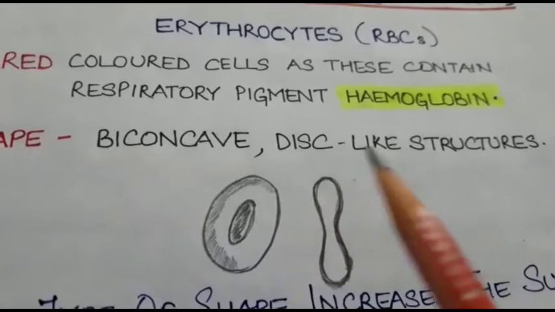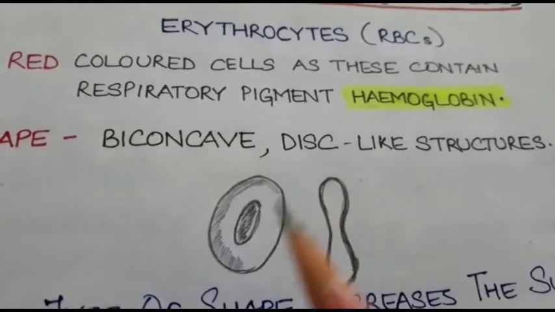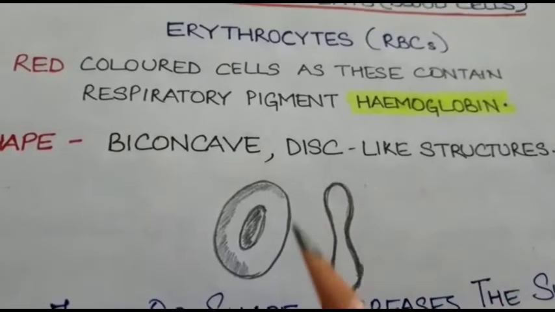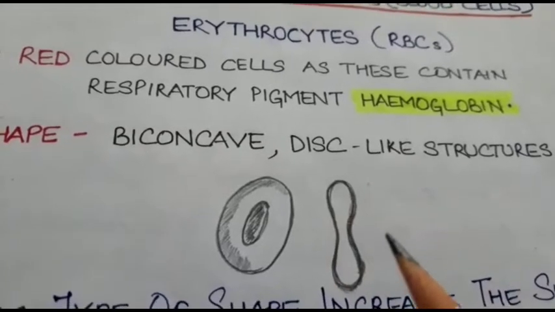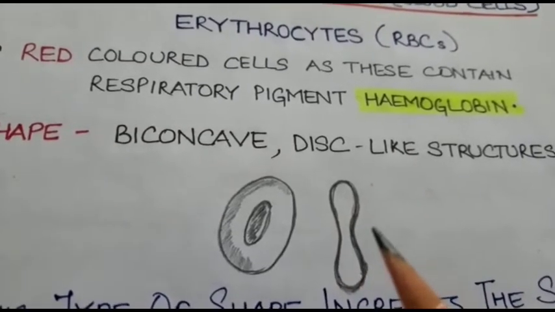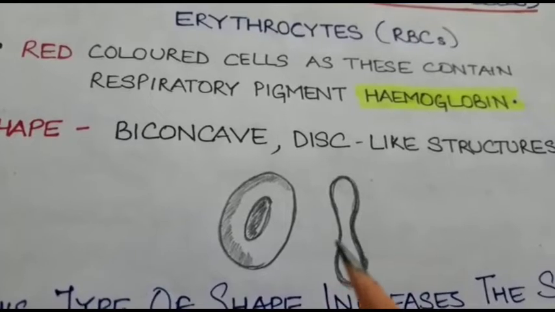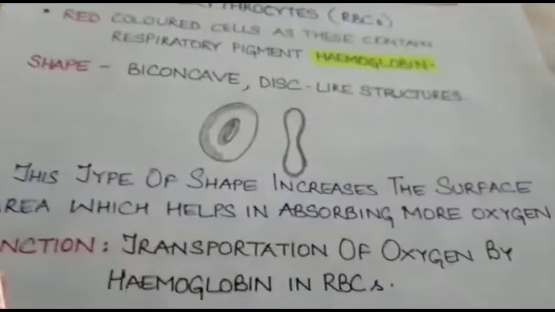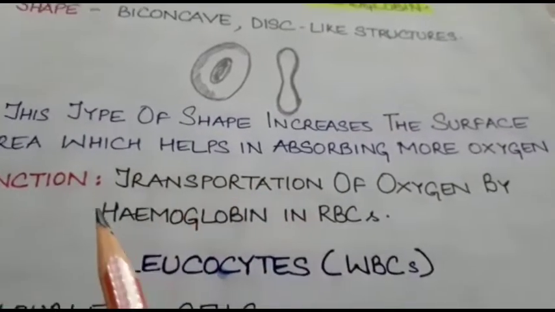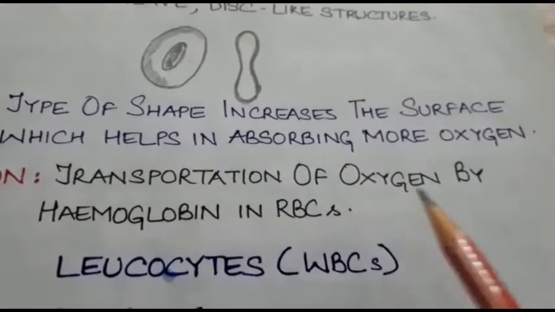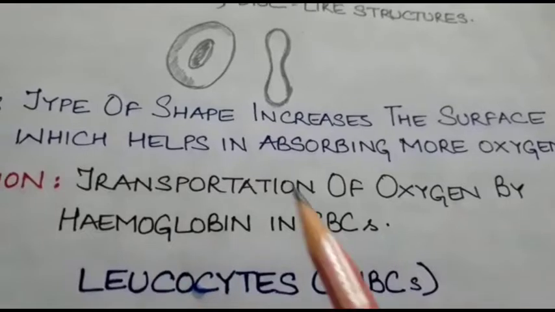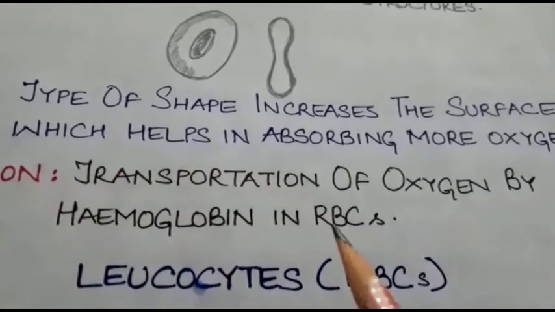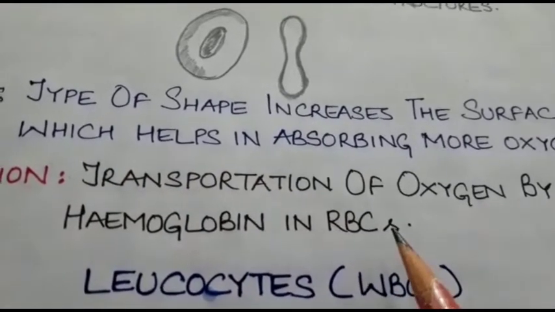This type of shape helps to increase the surface area for binding oxygen and for easy flow in the plasma. Function of RBCs: transportation of oxygen by the respiratory pigment hemoglobin that is present in the RBCs.